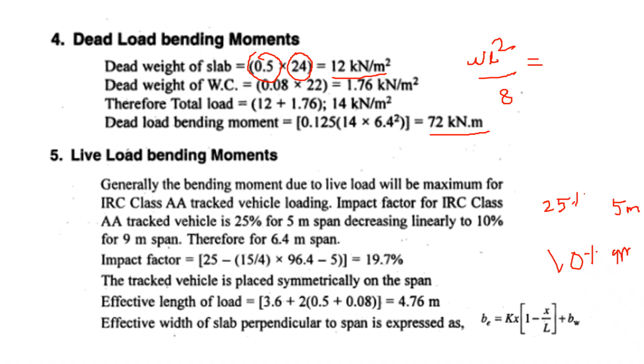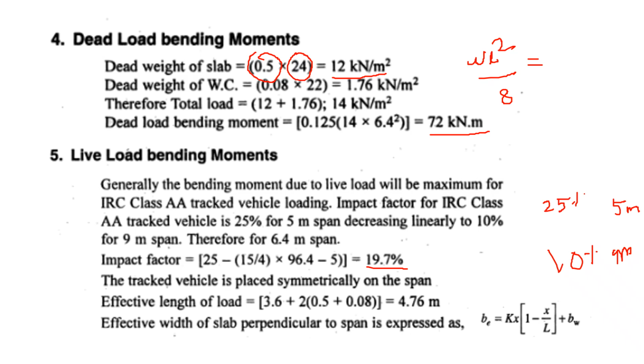So we have to calculate the impact factor for a span of 6.4 meter. So you have to do the interpolation and find out the impact factor, which was found as 19.7 percent.